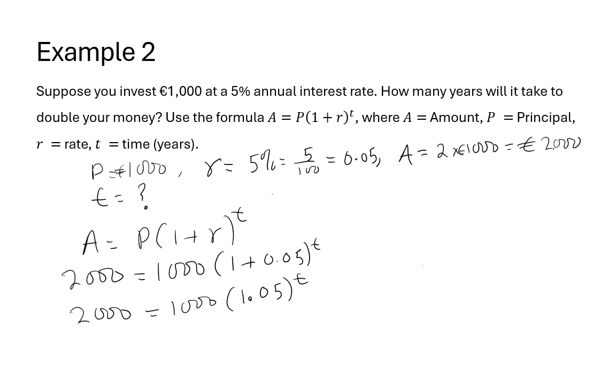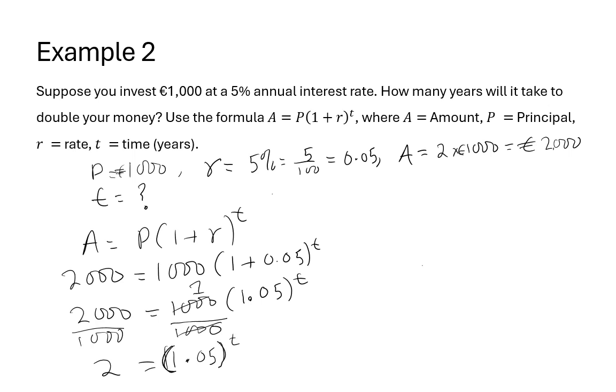Now I want to find t. Let's divide both sides by 1,000 first. 1,000 goes into 1,000 once, and 2,000 divided by 1,000 gives 2. It's equal to 1 times anything, which is just 1.05 raised to the power of t.